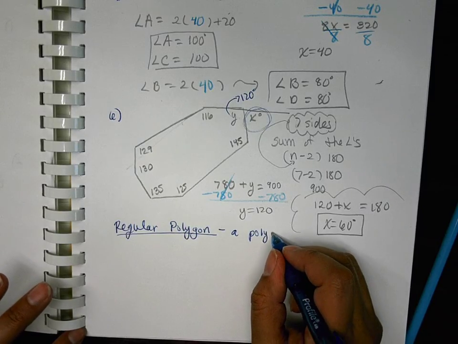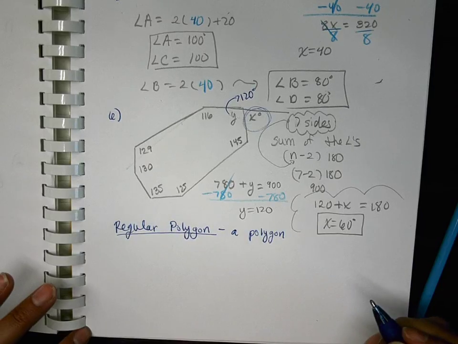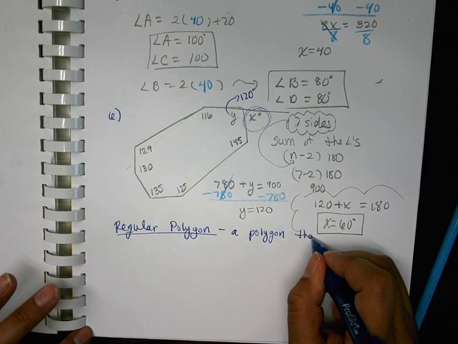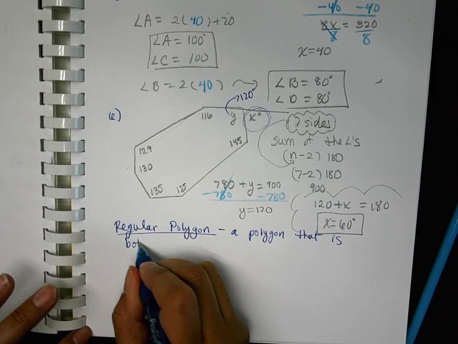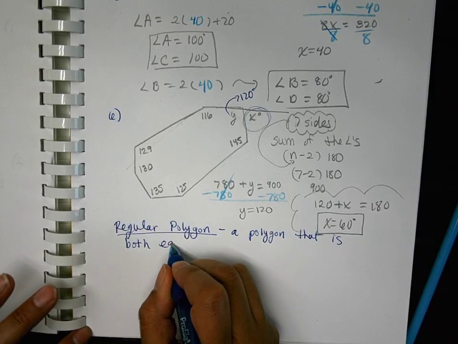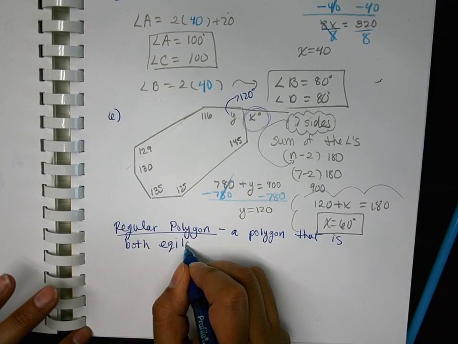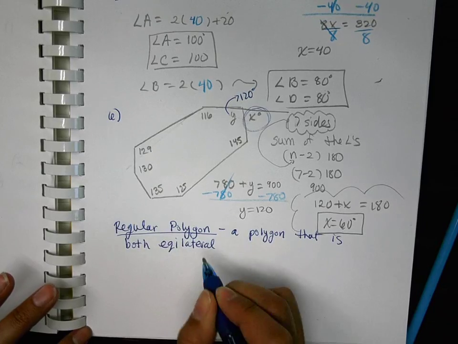A regular polygon is a polygon that is both equilateral and equiangular.